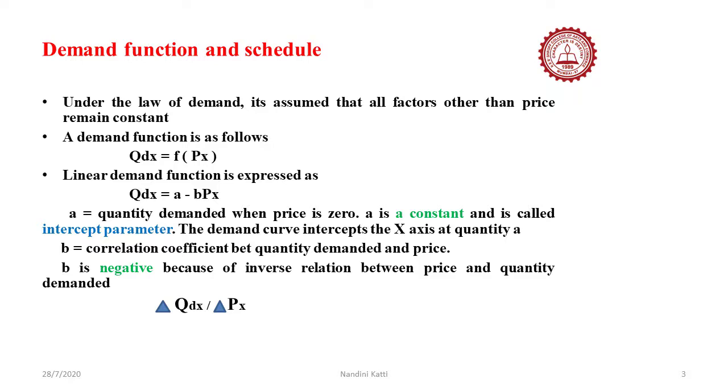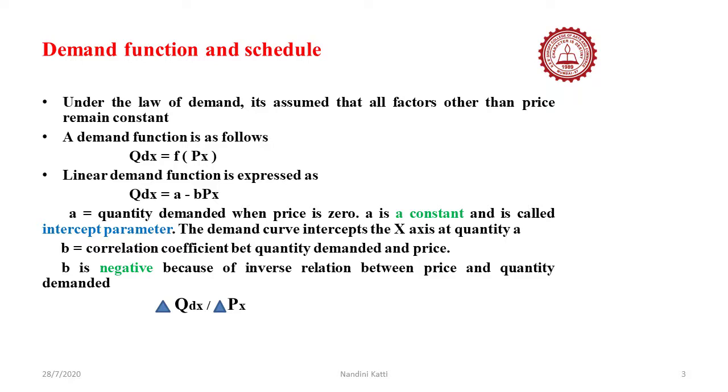the price of X. If we have to show a linear demand function, then it is expressed as Qdx is equal to A minus B Px, where A is the quantity demanded when price is 0, and therefore it is a constant and is called the intercept parameter on the linear demand curve.